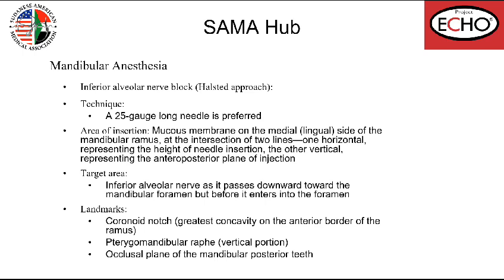The second landmark is the pterygomandibular raphe, which is a vertical tissue. When the patient opens his mouth wide, you can see tissue extending from the upper border to the lower border anterior to the tonsillar area.